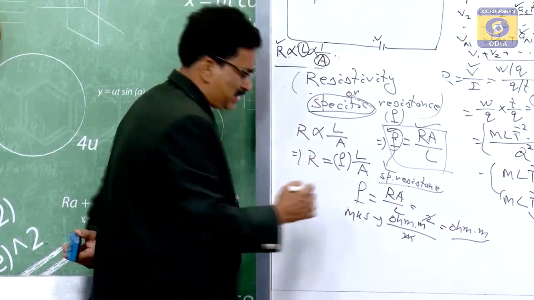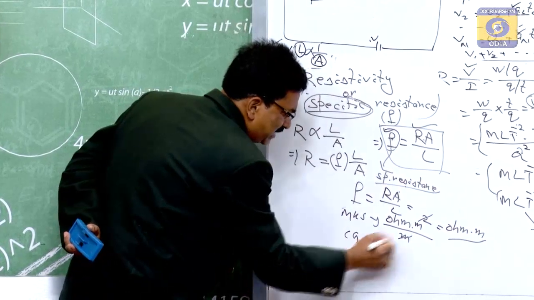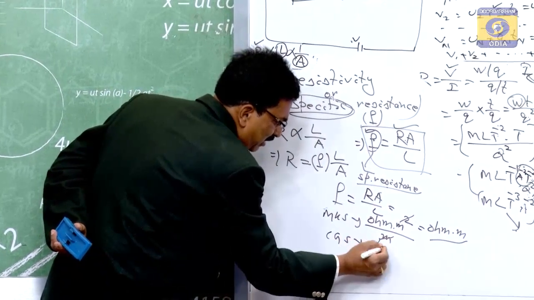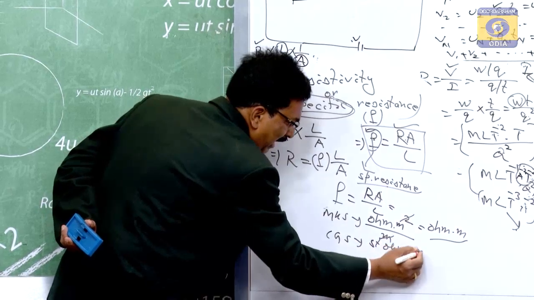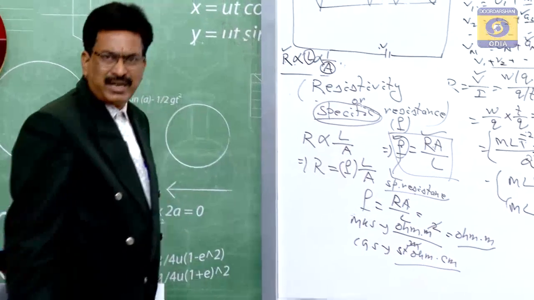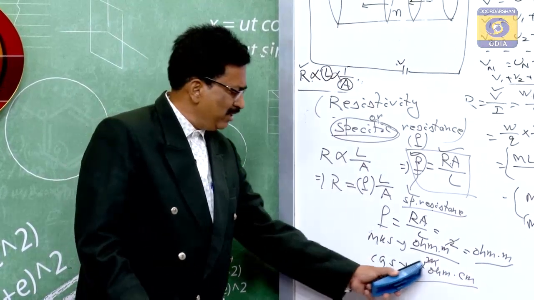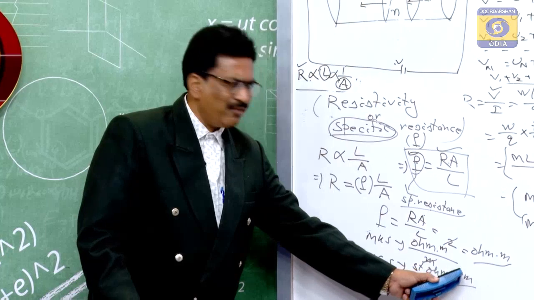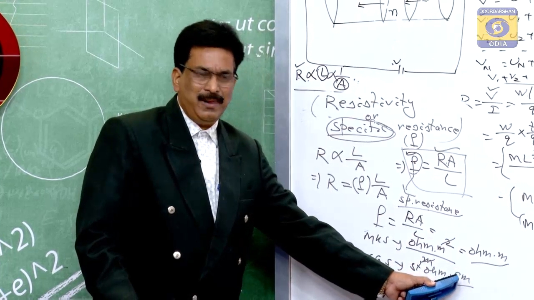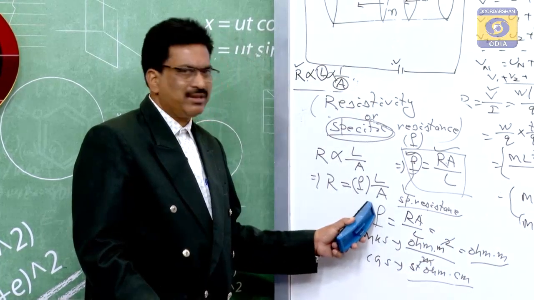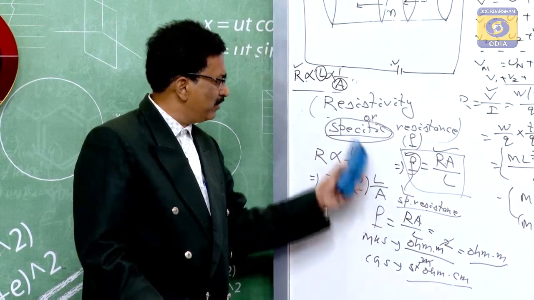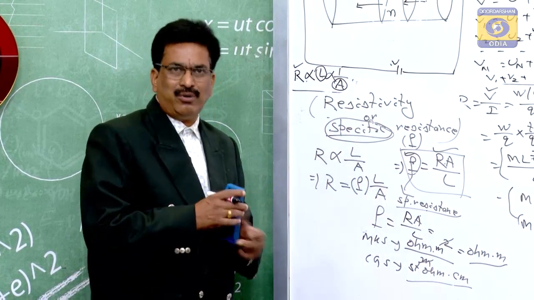That is in MKS. If we go for CGS, the ohm becomes stat ohm, and meter becomes centimeter. And if you go for the EMU system, then the unit is ab ohm centimeter. So, this is the unit and the dimension of the specific resistance. Okay, thank you.